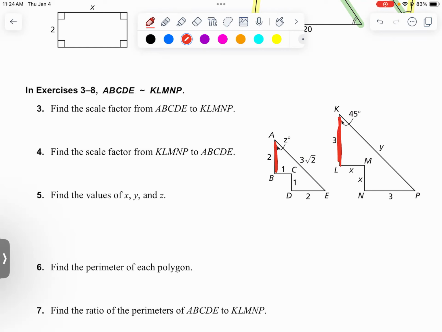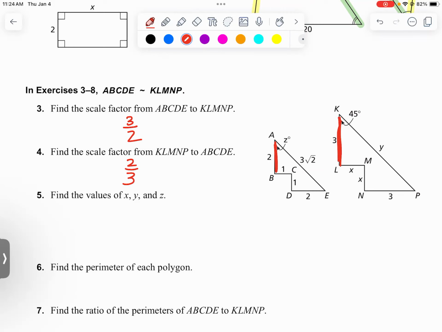So what's the scale factor to get from AB to KL? 1.5 or 3 over 2. Let's go backward. What's the scale factor from KLMNP to ABCDE? Two-thirds. Okay, we're putting those numbers over each other and we're simplifying.